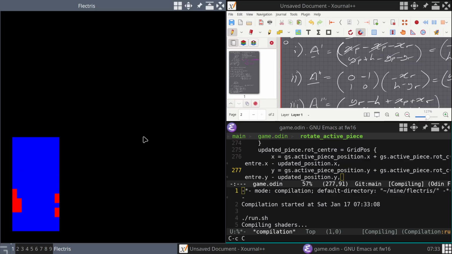And if I go right, it lets me off the edge. So our bounding box is in the wrong place. And that makes sense, because we're not doing anything clever when we do that rotation. Okay, so our filling in logic isn't smart enough.